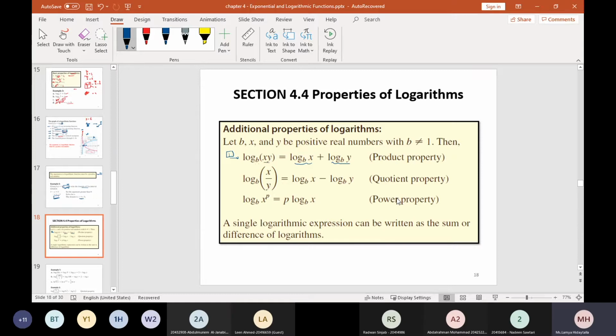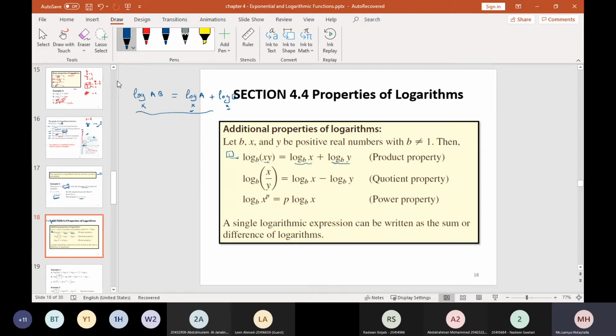So المultiplication هتدينا شنو؟ log the first plus log the second. يعني log a times b to the base x is a logarithm to the base x بتاع ال a plus a logarithm to the base x نفس البيز بتاع ال b.